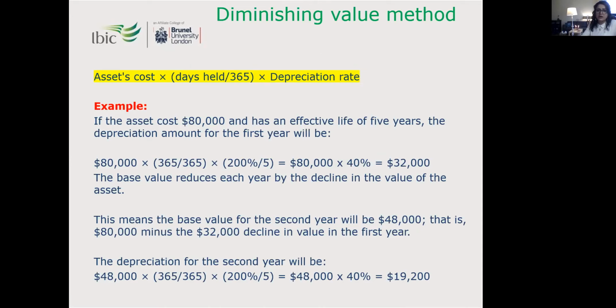Perfect. Okay, so by knowing this formula, we're going to go through another example to make sure that you understand it based on the concepts and key terms.